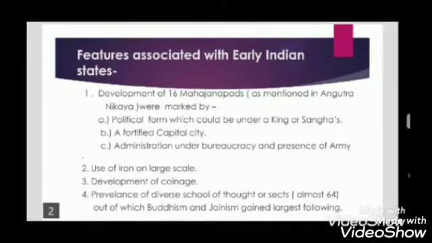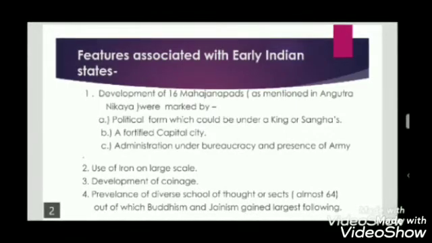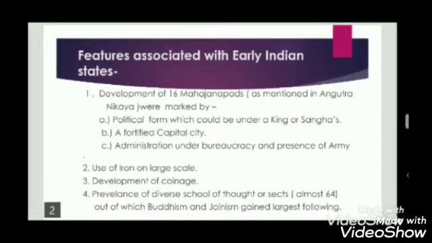Then you have the system of coins that came into existence. Coins came into circulation around 600 BCE to 500 BCE. We cannot give an exact date. Listen, in history you do have to keep in mind, whenever an event is asked, like the non-cooperation movement or civil disobedience movement, you can give an exact year or a date.